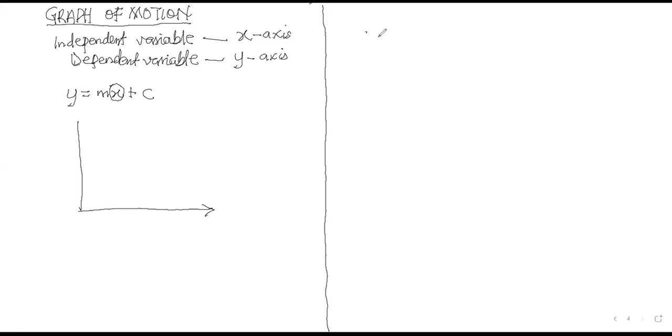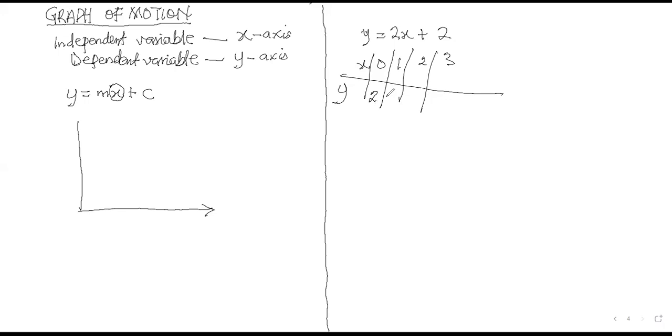So if I give you the linear equation y is equal to 2x plus 2, to find y, I must give you x values. When x is 0, when x is 1, when x is 2, 3, you can find the corresponding y value. When x is 0, what is the value of y? It is 2.